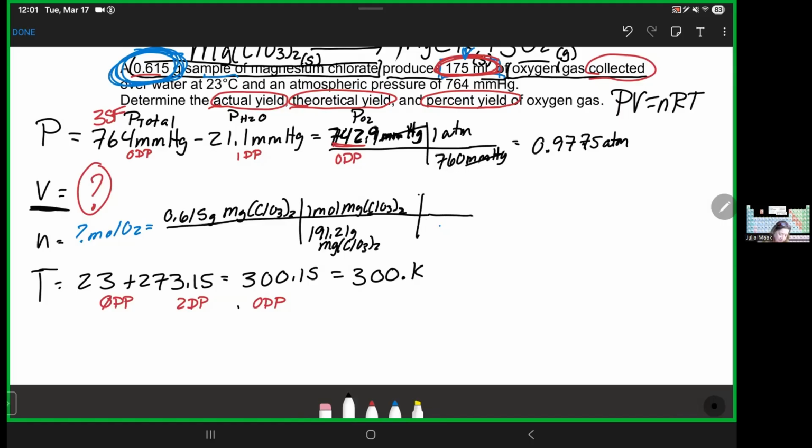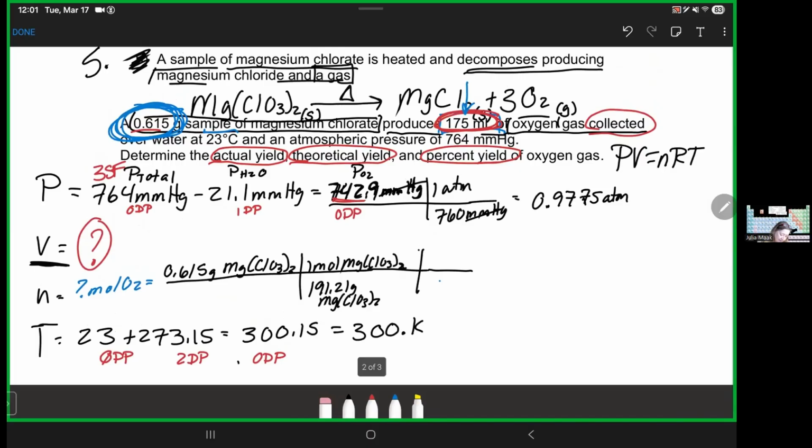So I need to now put my stoichiometry in there and say from my balanced equation, I have 1 mole of the magnesium chlorate to my 3 moles of oxygen. Those cancel.